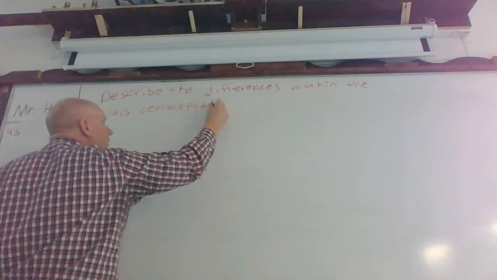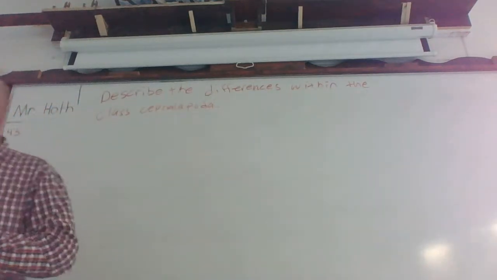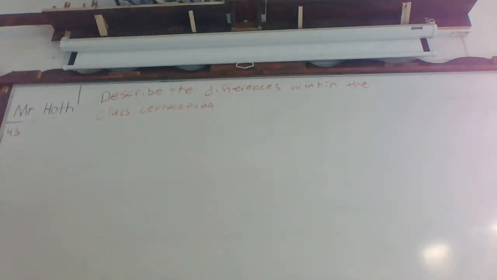Okay? So we want to say something about these three things. So I want you to look up at those four terms: the gills, the appendages, the shell, and then the movement. Okay? And we'll start tying those together.